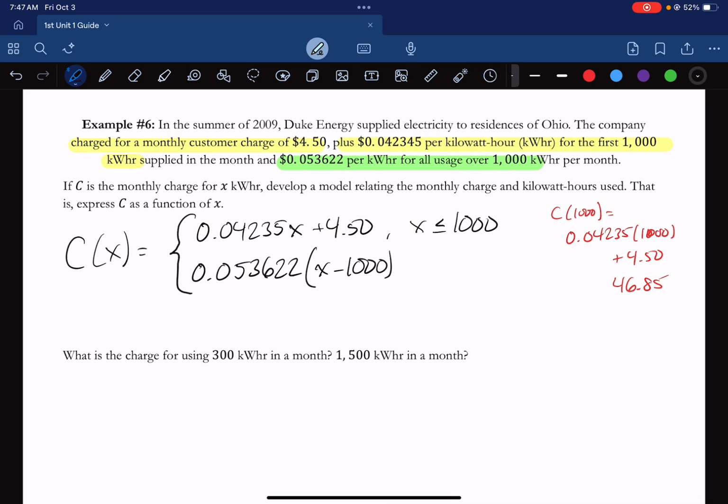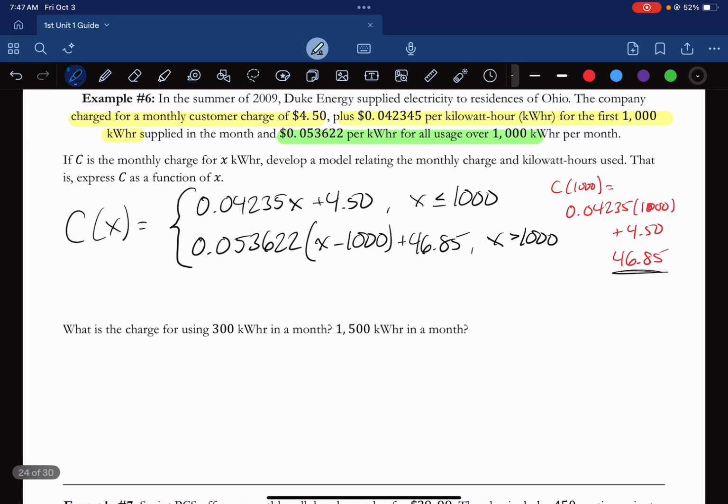Because, for example, if you used 1,100 kilowatts per hour, you should only be charged for that extra 100, not that extra 1,100. And then this 46.85 is what was already paid for. So plus 46.85, and that is for everything over 1,000. And there is your piecewise function.